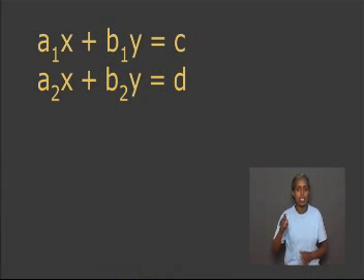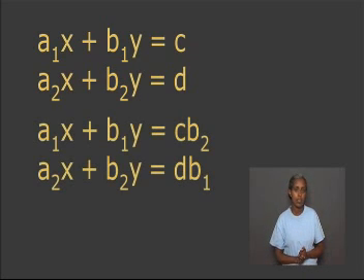A1x plus B1y equals C, and A2x plus B2y equals D. Our first step is to multiply the first equation by B2 and our second equation by B1.